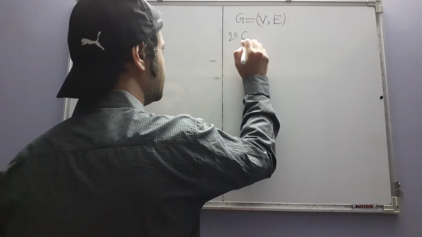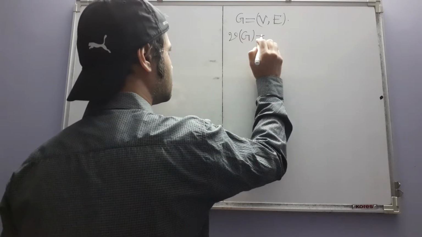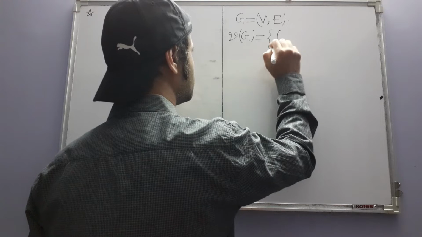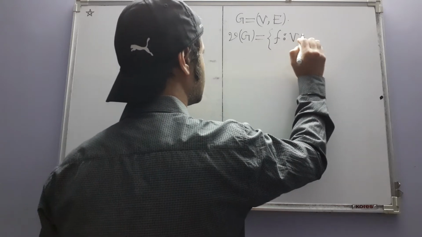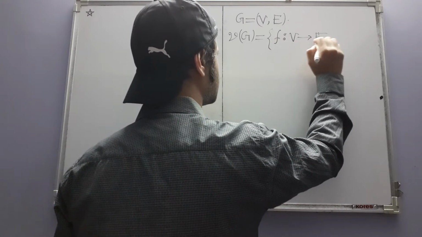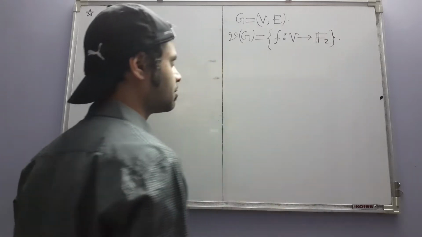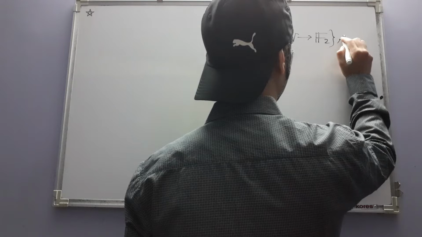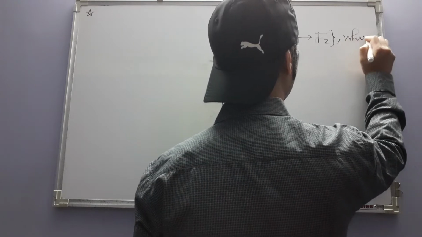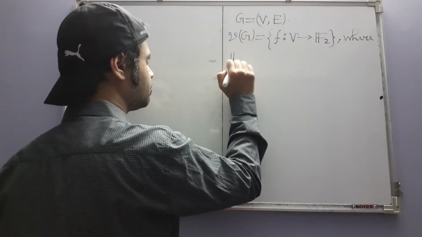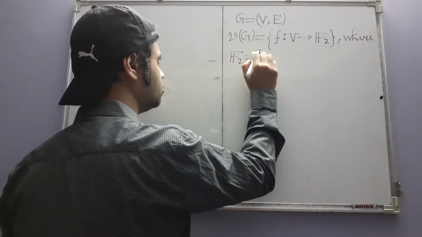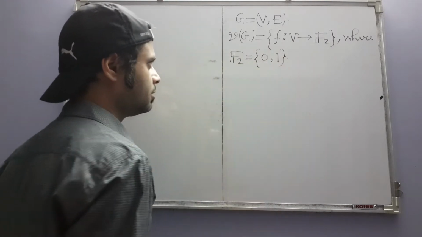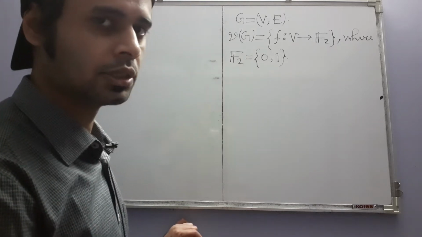What we then did, we considered the set nu of G, whose elements are functions like this, functions from V into F2, where F2 is the field with two elements, a zero element and a unit element or a unity.